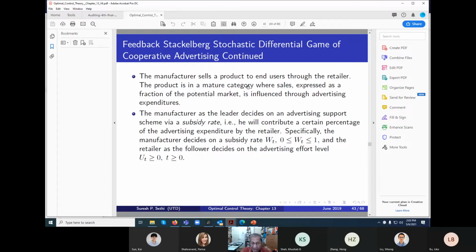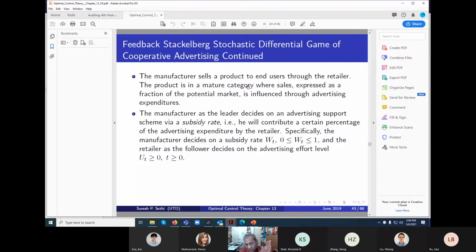And in order for that, the retailer would advertise. And if the retailer advertises, then he can capture more market share. But it turns out that in a decentralized setting, the retailer may not advertise enough. And if he doesn't advertise enough, then there are not enough sales. If there are not enough sales, then the manufacturer also loses.